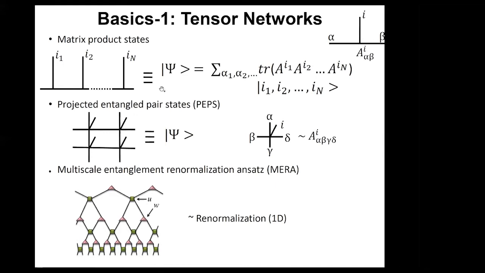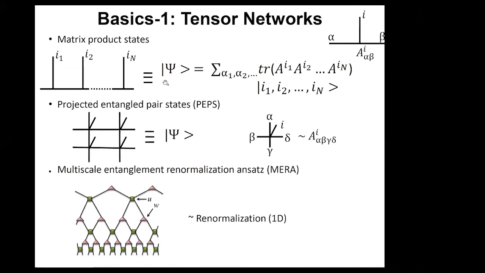So we don't really use a lot of data to describe this ground state, but instead we can use a simple local tensor like this, A^i_{alpha beta}. These i, alpha and beta are labels, spin labels. This one is what we call a physical spin label, and these are virtual spin labels.